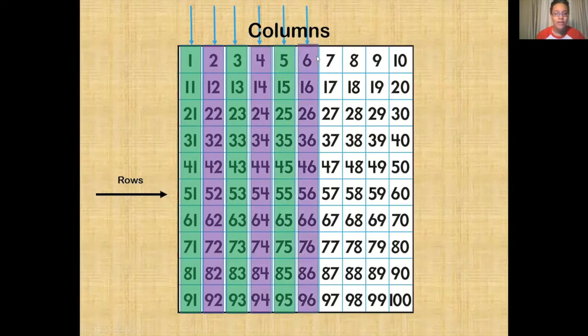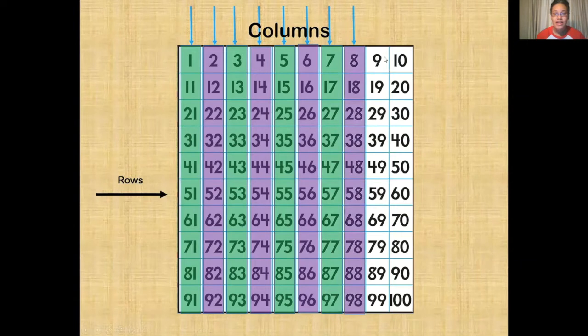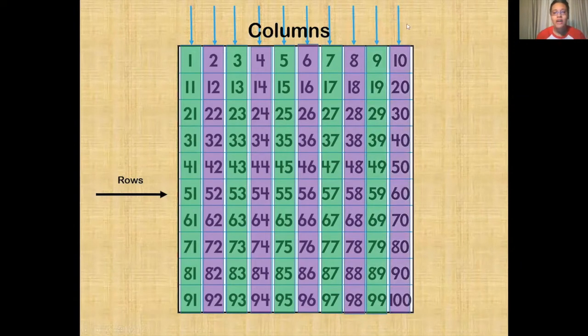Have you figured out Miss Cotton's pattern? 7s, 8s, 9s, and 10s. How come this column isn't the 0 column? Right, because if we're doing 1, 2, 3, 4, 5, 6, 7, 8, 9, this would be the tens column. So the numbers that we use to count by tens.